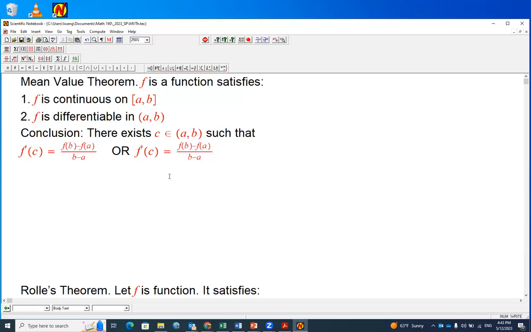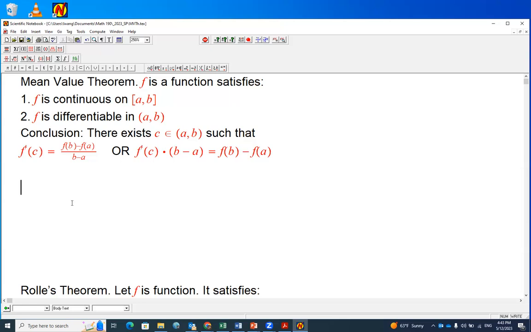I'm just showing you how we get there. We multiply b minus a on both sides. As a result, on this side, b minus a and b minus a cancel, and we are left with f of b minus f of a.